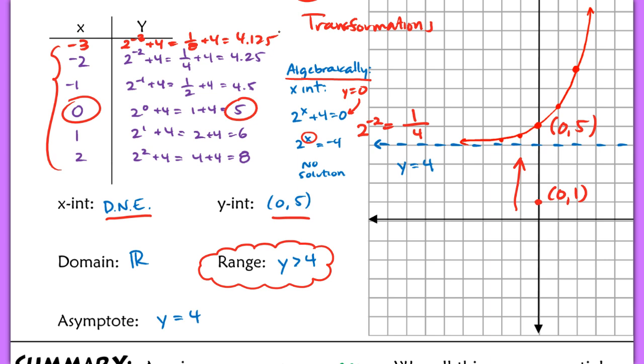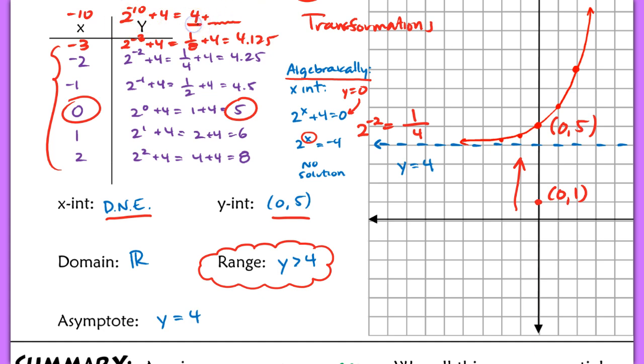Now, even if I continue to put in larger negative values like negative 10, you'll still have a base of 4 plus some crazy small number. 2 to the negative 10th power is a really, really small number.